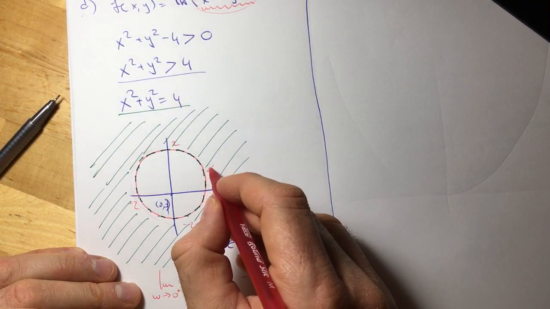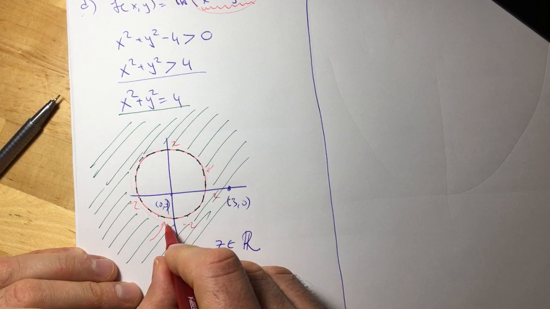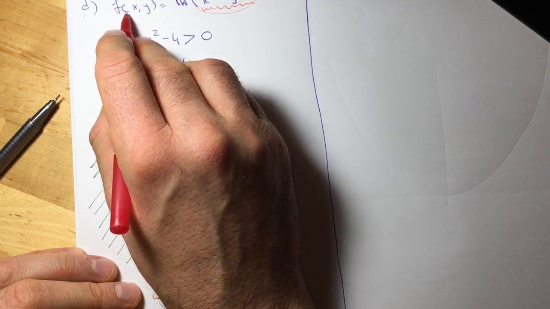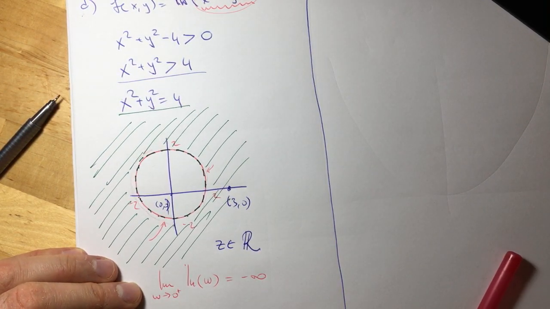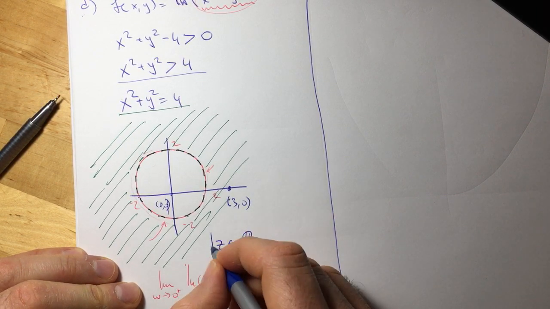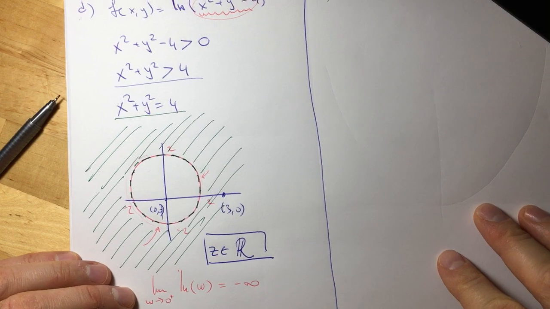So for any points approaching the circle infinitely close, the function f of x, y will go to negative infinity, which means that the z value takes on all the real numbers.